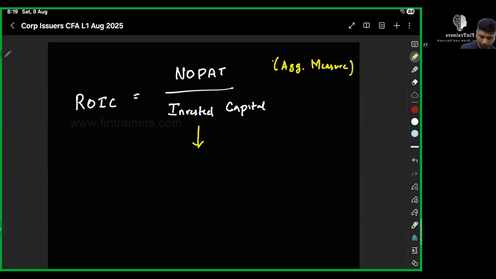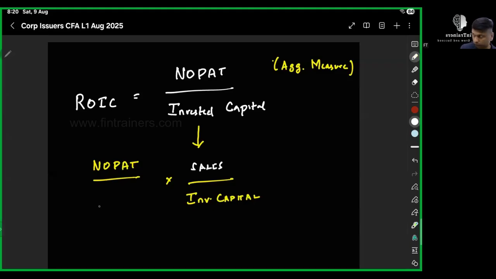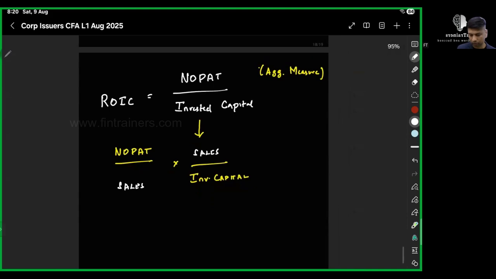Now, what I'm going to do is multiply the numerator with sales or revenue and the denominator also, so we have sales on both the numerator and denominator. What is NOPAT by sales?